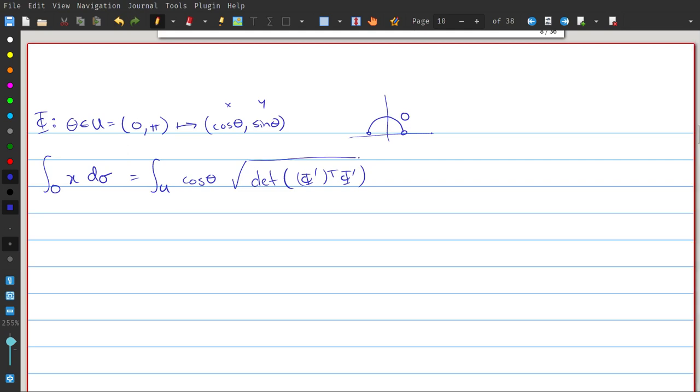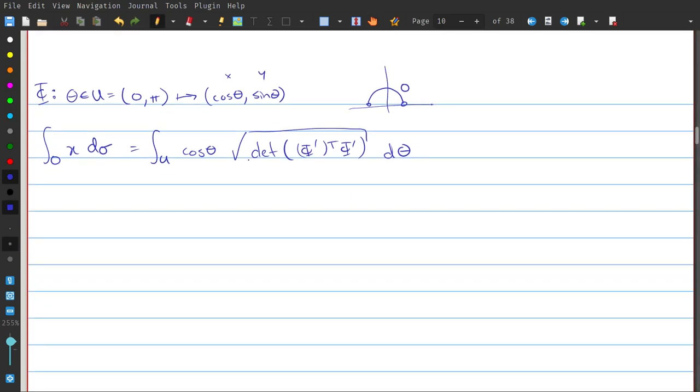And it's just d theta because the variable is theta and we're just in R, and that's how we normally write the Lebesgue integral on R. So what we need to do is calculate this area stretch factor.